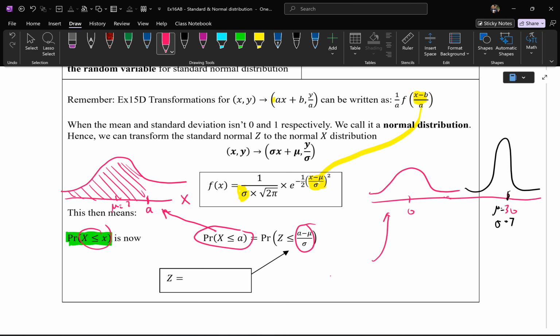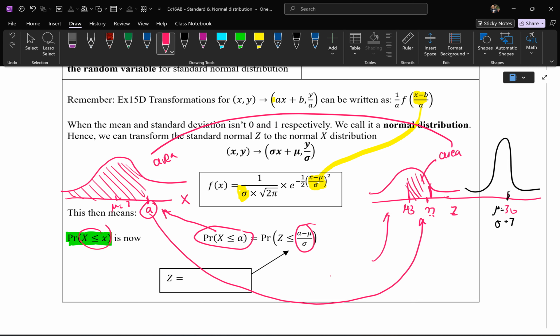So if I know the mean and the standard deviation for this, I can apply it back to this and bring it back to the equivalent z value. Meaning, transform back to my z value. Because if I know my z value and I know the mean is 0 here, I can actually work out the area from here. The area of this will equal the area of that.